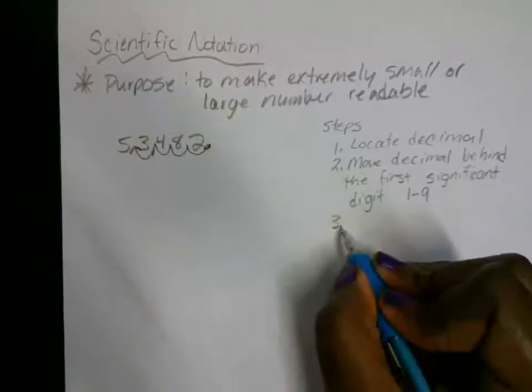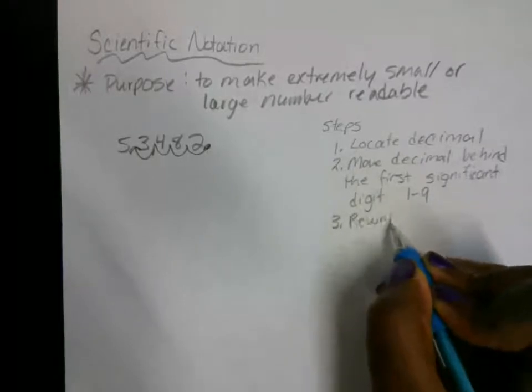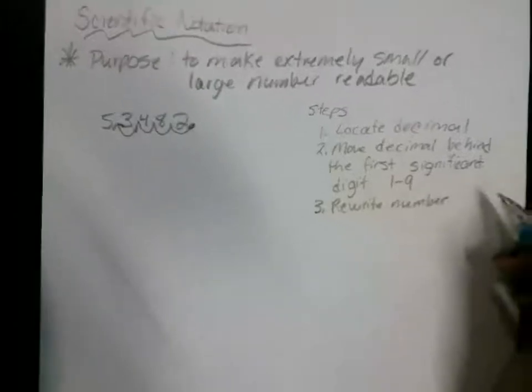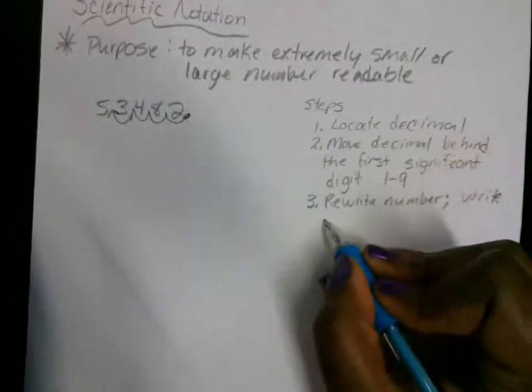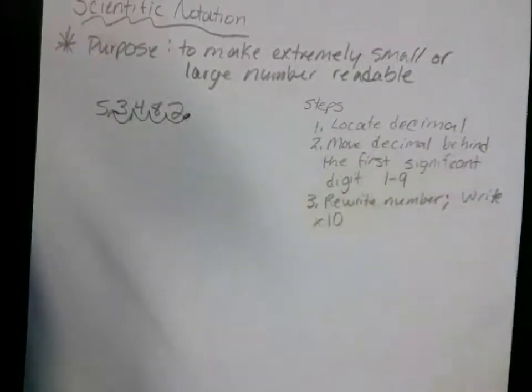So the third step is to rewrite that number, and you're automatically going to write times 10. We use the base 10 because 10 describes place value, okay?